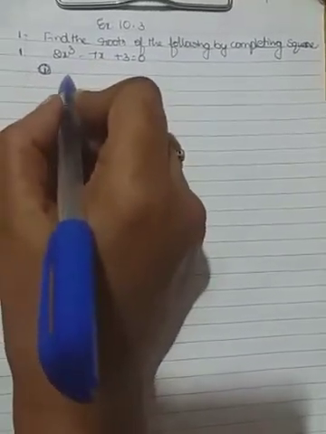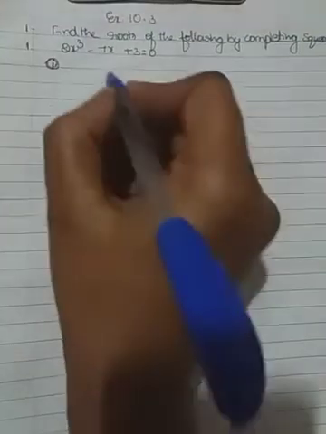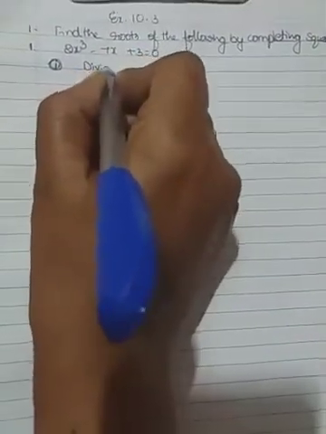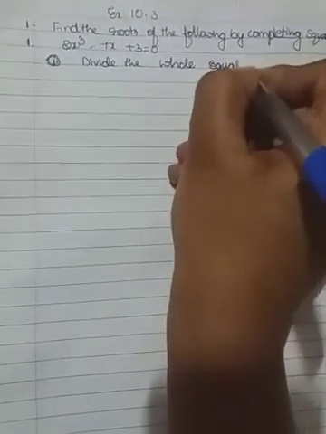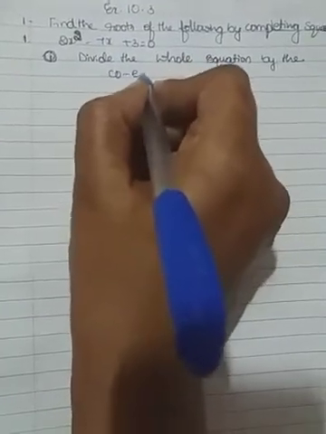The first step to follow: divide the whole equation by the coefficient of x square.